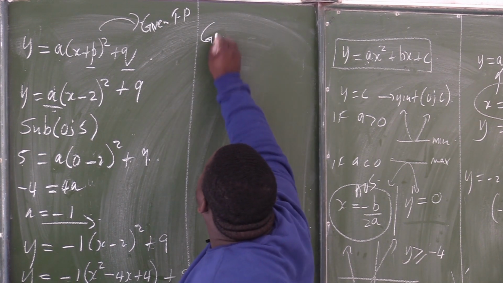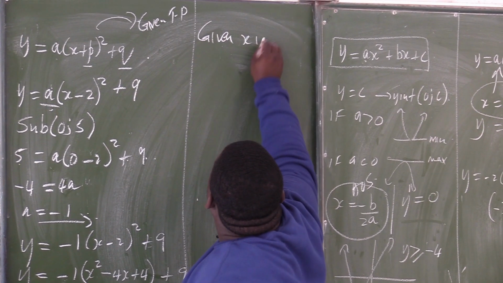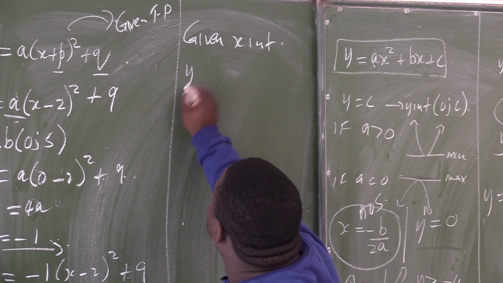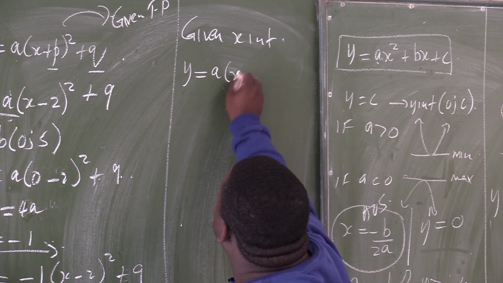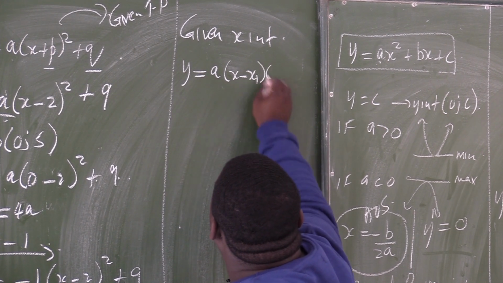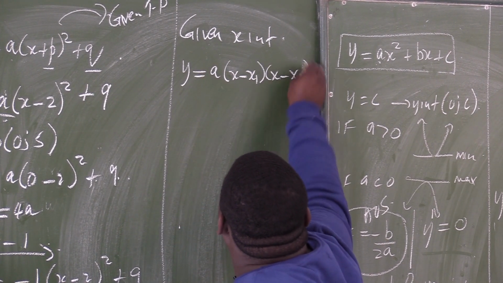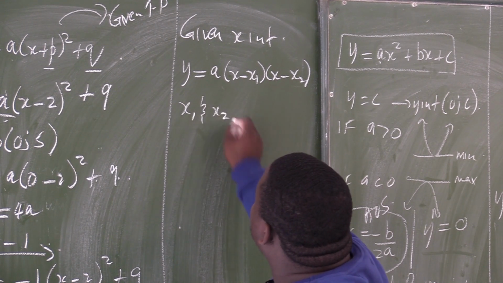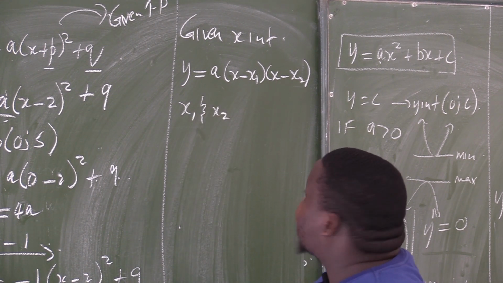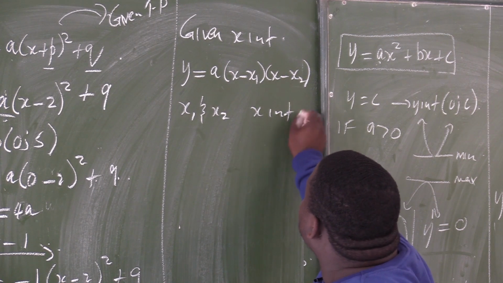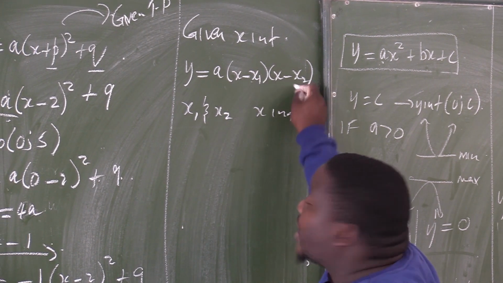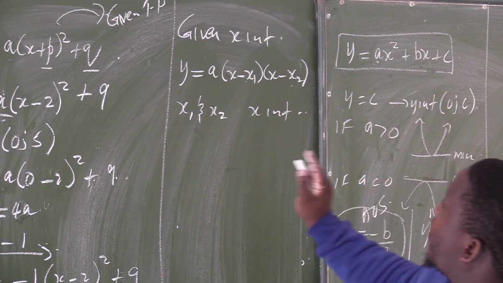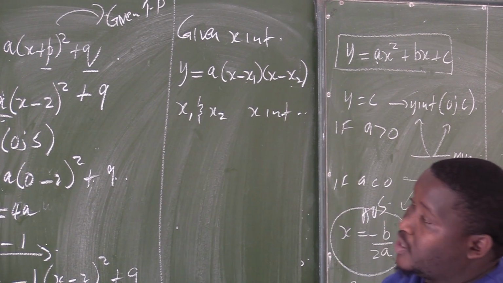Then you will use this form: y equals a(x minus x1)(x minus x2), where x1 and x2 are the x-intercepts. Then you will find another point given on the graph and substitute to find the equation.